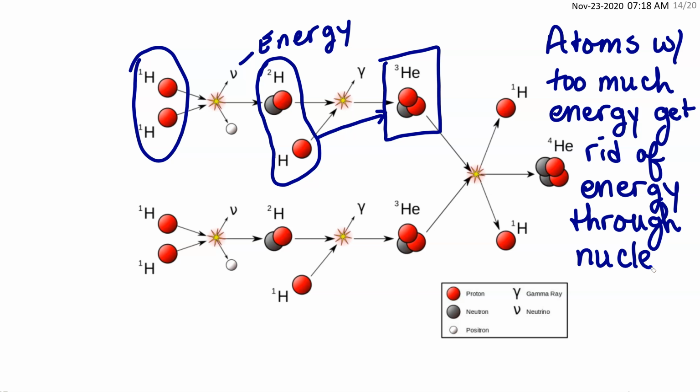There are different types of nuclear decay based on the identity of the element and its particular type of energy. But basically, atoms with too much energy get rid of that energy through nuclear decay.